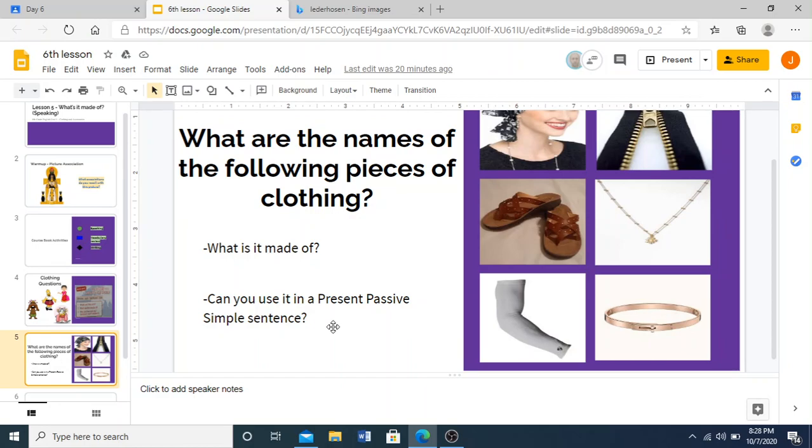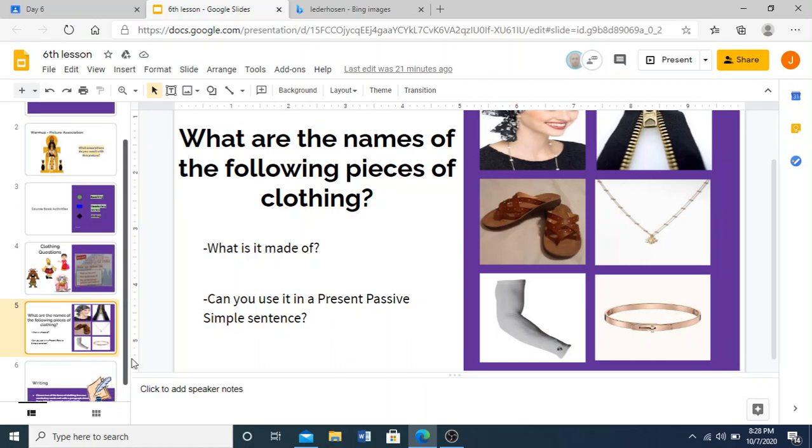So please make a present passive sentence with these items. Okay? Remember what that is. Present, simple present. Remember the present form of be, which is is and are, and the past participle of the verb. So make sentences with these pieces of clothing.